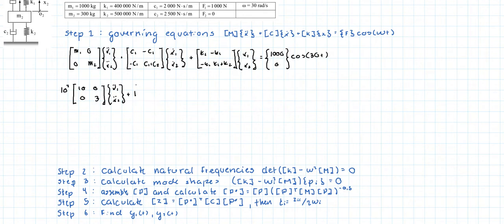This time we're going to take 10 to the third power out, and we'll be left with 2 minus 2 minus 2, 4.5, because it's 2000 plus 2500, times the velocity vector. For the stiffness matrix, we're going to keep out 10 to the 5th power, and we're going to get 4 minus 4 minus 4 and 9, times the displacement vector.